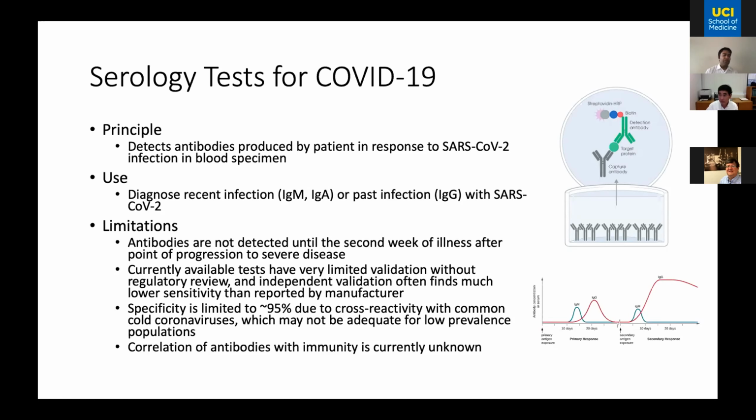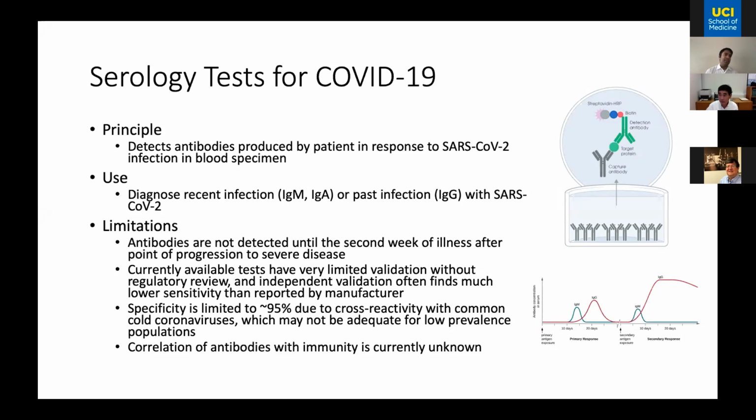There's some level of cross-reactivity with common cold coronaviruses, and I do research in this area, and that amount of cross-reactivity is low. But the problem is, even if it's 95% specific, if you have a population where your prevalence of disease is less than 5%, which is a lot of the population, and California right now is probably in that range, maybe a little bit higher, half of your positives are going to be false positives.